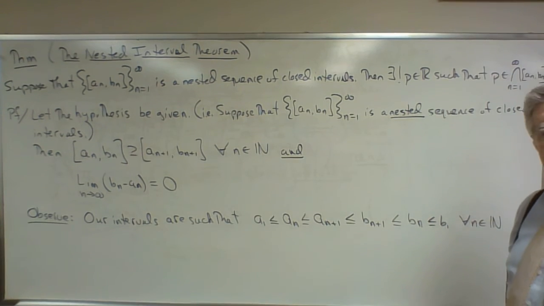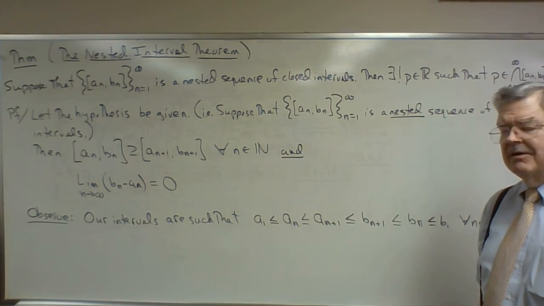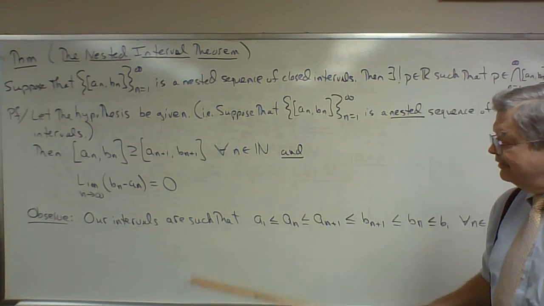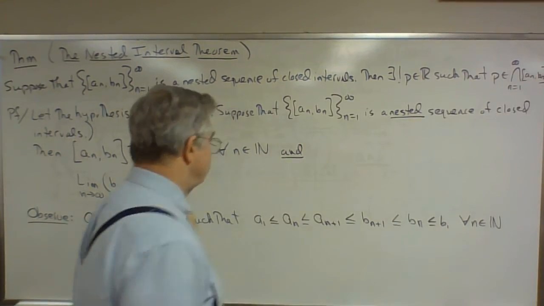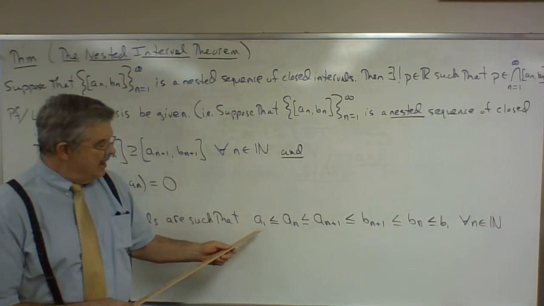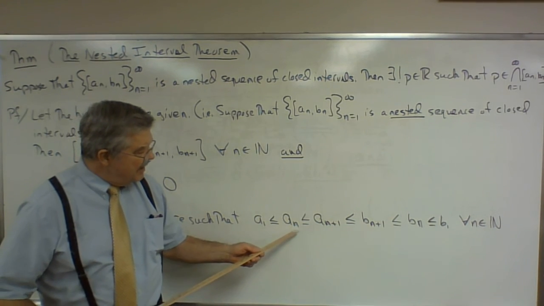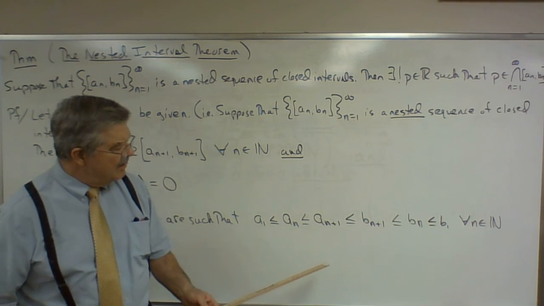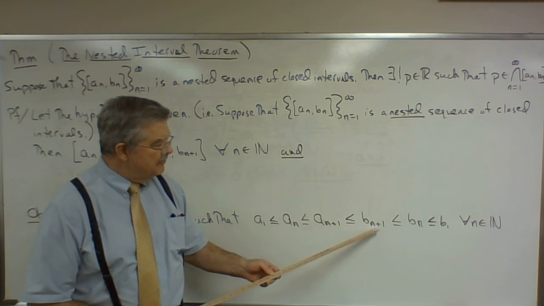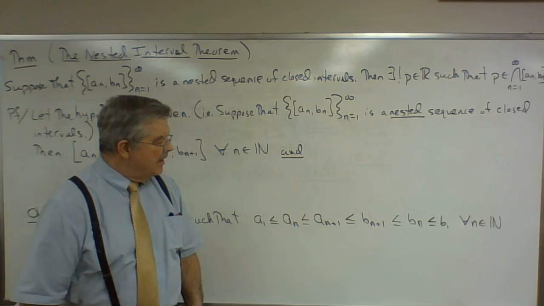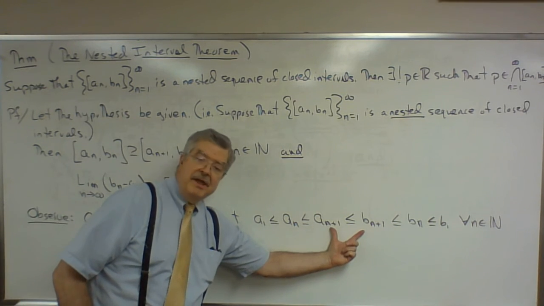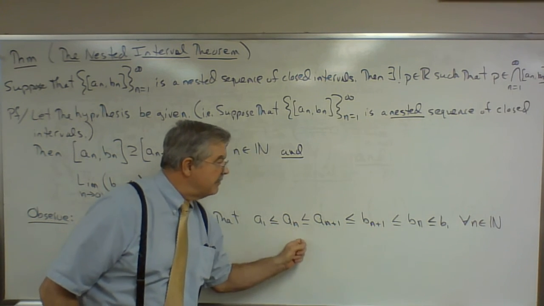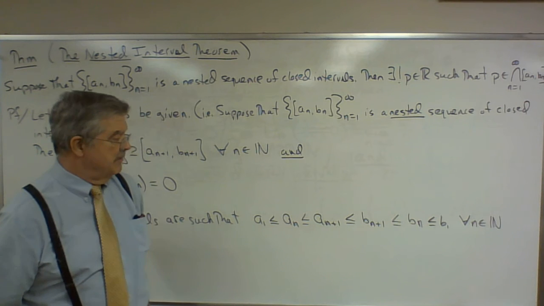I'm going to make this observation in general about our left and right endpoints. Our intervals are such that, let's start here. A sub n is less than or equal to a sub n plus 1. And b sub n plus 1 is less than or equal to b sub n. This is how the n plus first interval is contained in the nth subinterval.